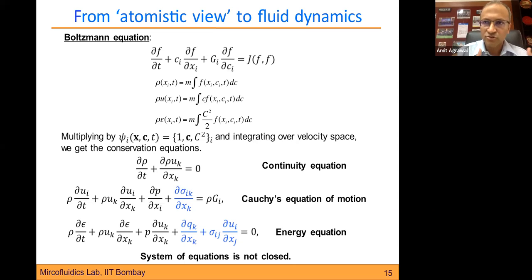We had to introduce a constitutive equation, Newton's law of viscosity or Fourier's law of heat conduction, in order to close these equations. So at this stage, you are still at the same level, even if you follow this approach of starting off with the Boltzmann equation, taking moments and writing out the mass conservation, momentum conservation, and energy conservation equations.